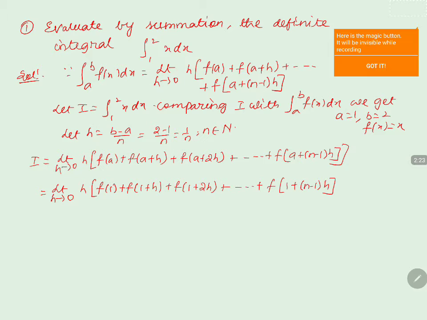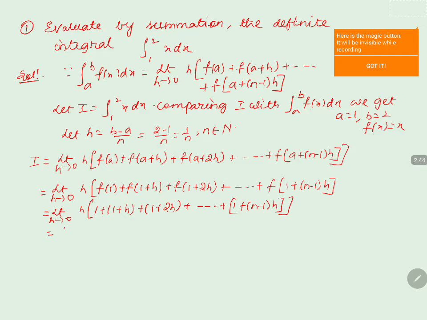So as a result, this can be written as the limit as h tends to 0 of h into 1 plus 1 plus h plus 1 plus 2h plus so on plus 1 plus n minus 1 into h.